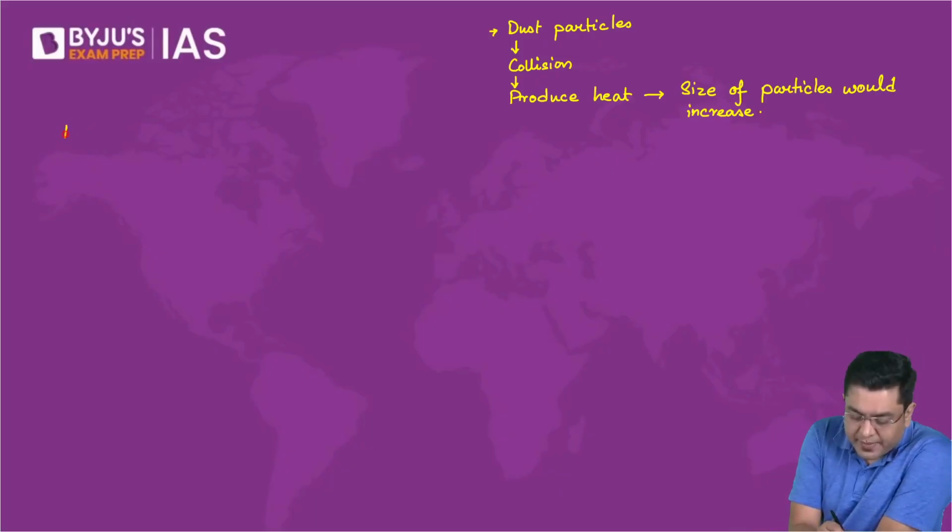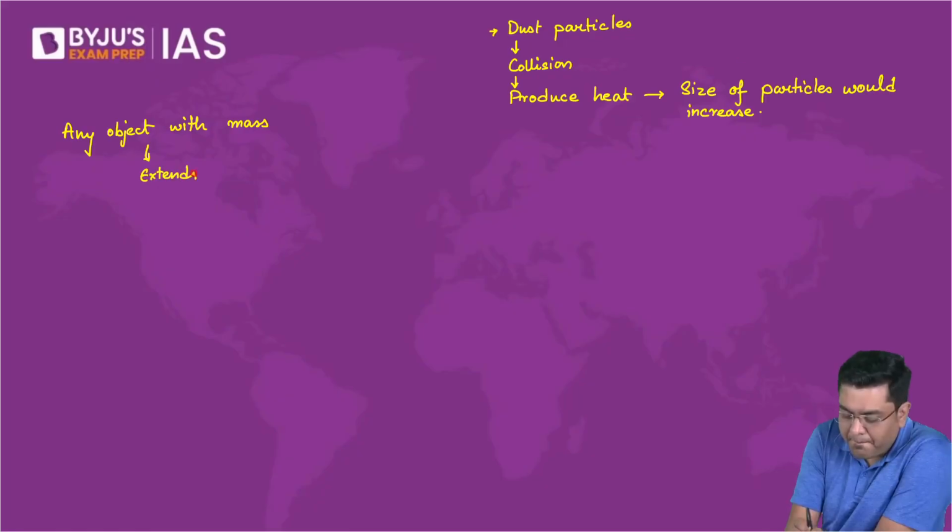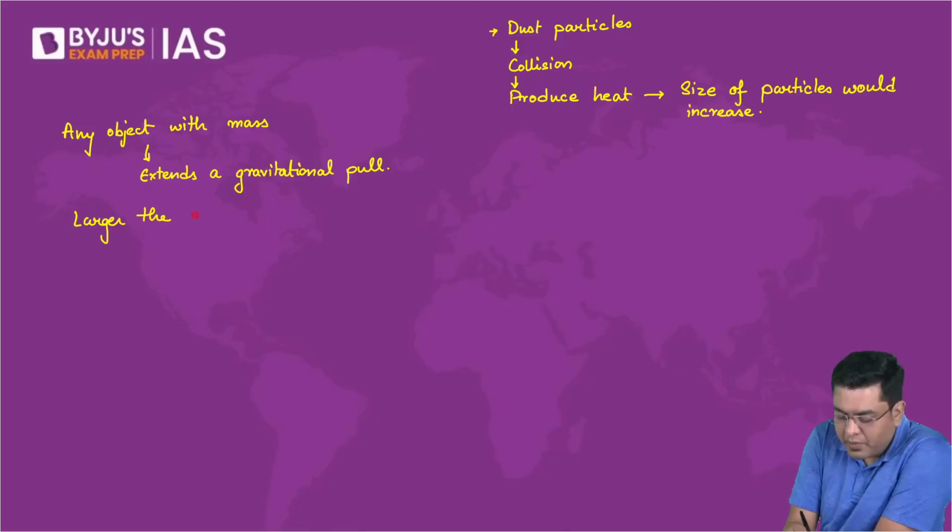Any object with mass extends a gravitational pull of attraction. Larger the mass, greater the gravitational pull.